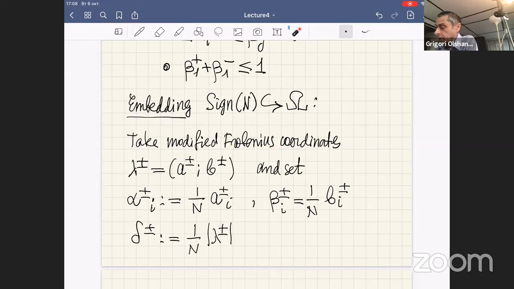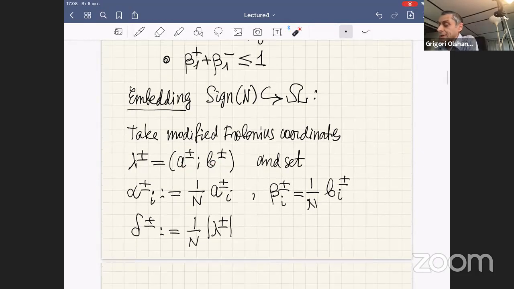It's not very important, but nevertheless, let's deal with modified Frobenius coordinates. So each of our diagrams, plus or minus, is represented as the couple consisting of the modified Frobenius coordinates A and B, sorry. And next, we normalize them.